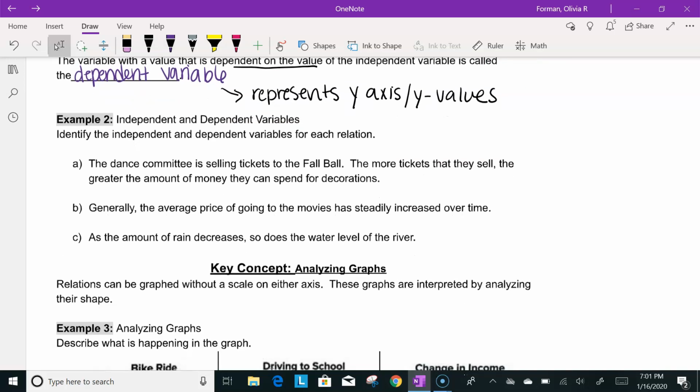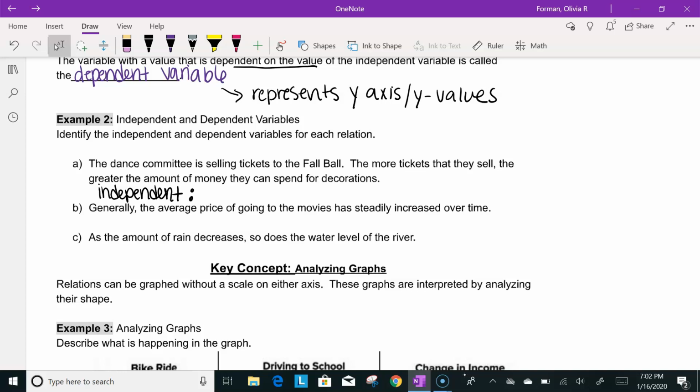Okay, here are just a couple examples to let you know what an independent and dependent variable is. So there are 3 different relations here. It says the dance committee is selling tickets to the fall ball. The more tickets that they sell, the greater the amount of money they can spend for decorations. So our independent here is going to be the thing that changes that affects something else.